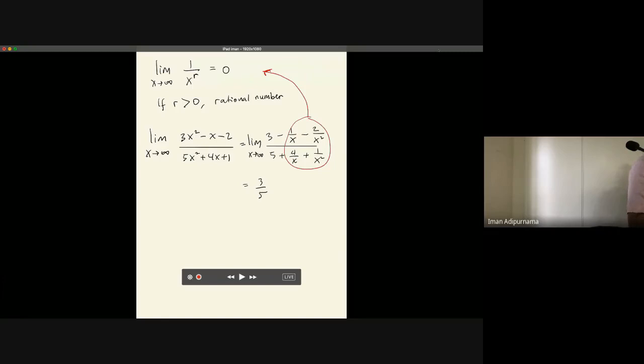Another possibility is that the limit as x goes to infinity of f of x can also just be infinity. There are at least four possibilities.